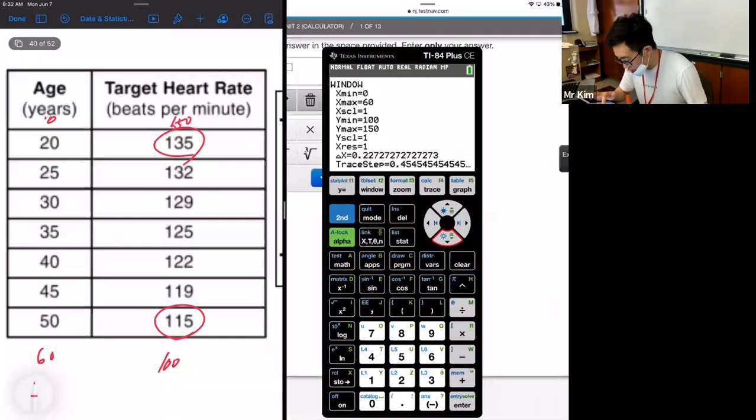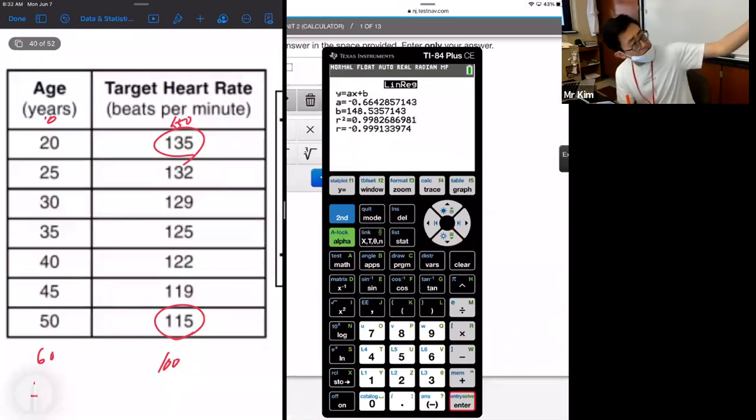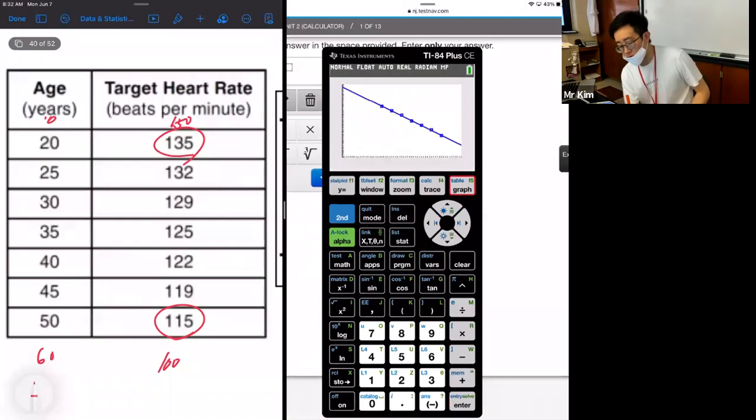And then you press stat, you do calc, linear regression. List 1, list 2, store regression equation into Y1. And then when you press calculate, look at the R value. It's negative 0.999. That's very close to being negative 1. And on the graph, it also shows there's practically no distance from that line to the data points.